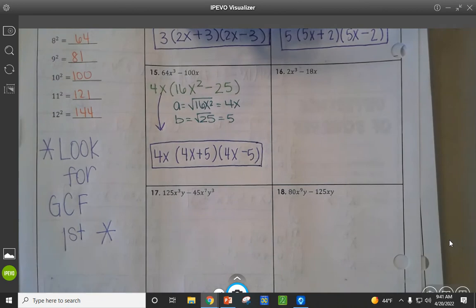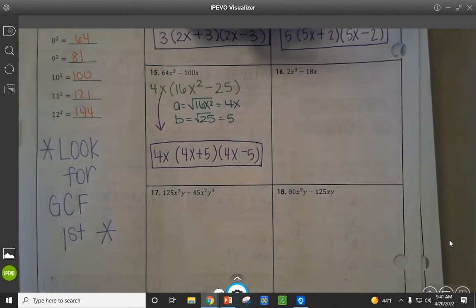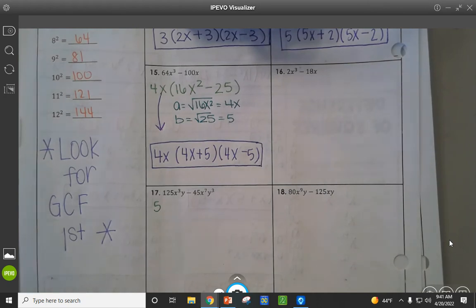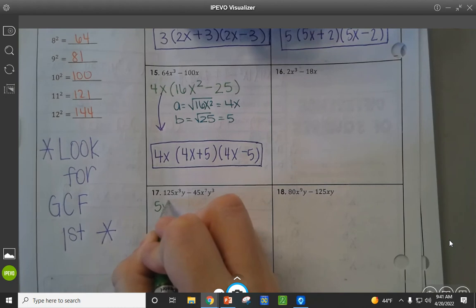All right, number 17. What is the GCF? It is not 2. We're skipping. We don't have enough time to do all of these. So I'm down here. 5. Yes. What about variables? X cubed. Yep.